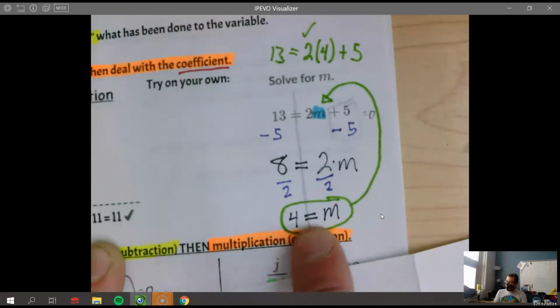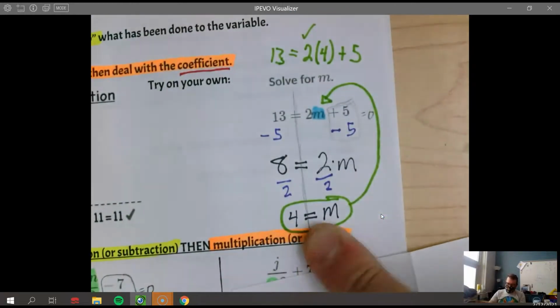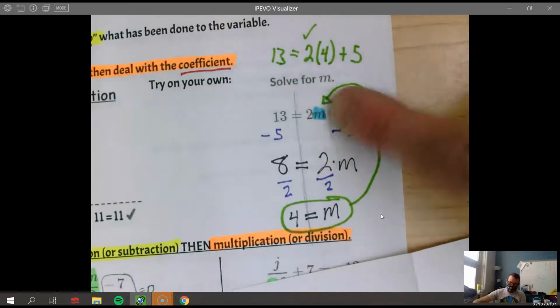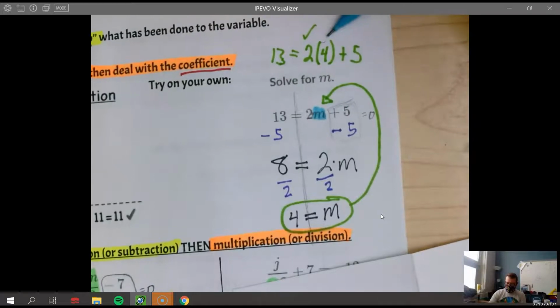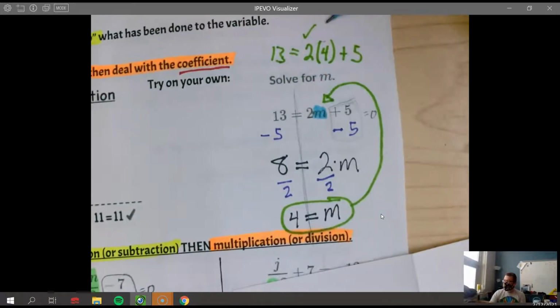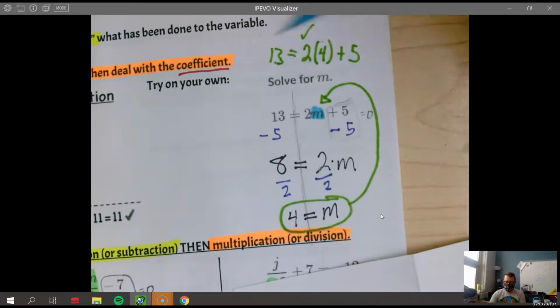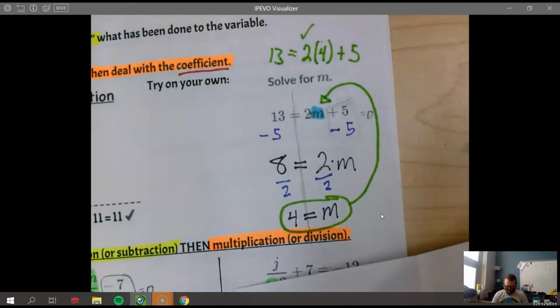But over here, if m equals 4, I can check by plugging it in. You don't have to write this. I just want you to see it. So 2 times, well, m is now 4, is 8, plus 5 more. Is that equal to 13? Yes. So when we check it, we just ask ourselves, is this all still what it should be?